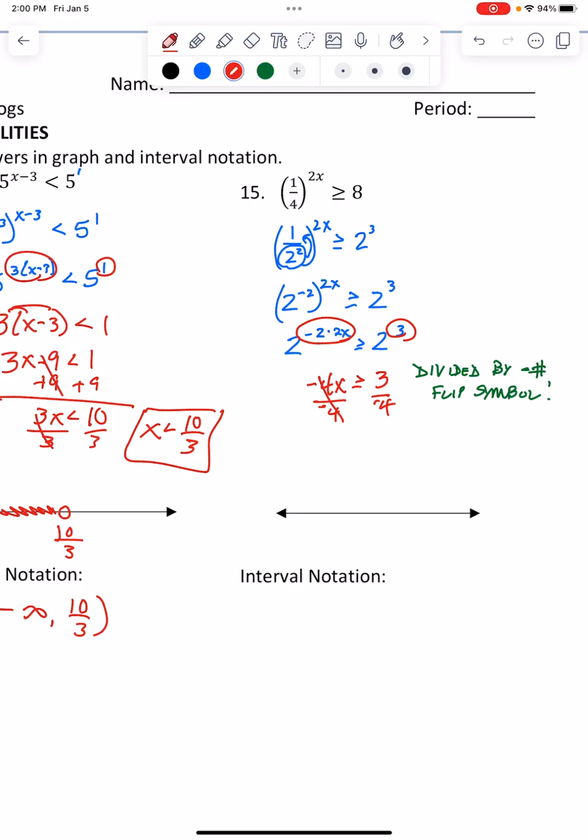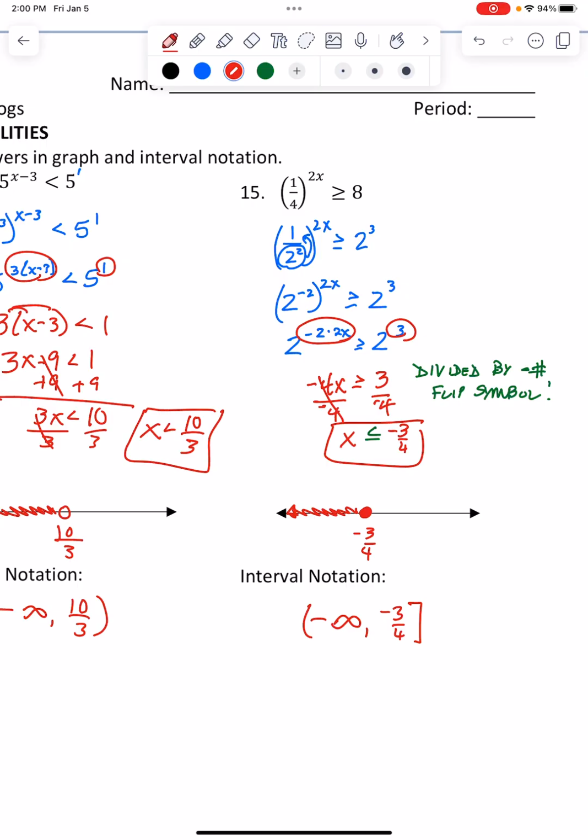So this would become x, and then we flip that symbol, less than or equal to negative 3/4. So close dot for the or equal to, negative 3/4. Less than that would be off to the left. And then we're coming from negative infinity going to negative 3/4. And since it's a closed dot, we put a bracket there.